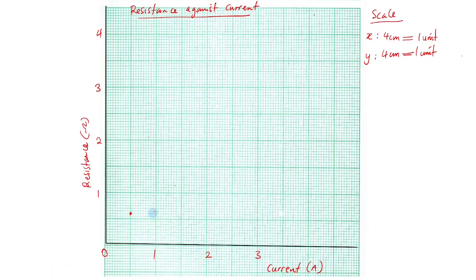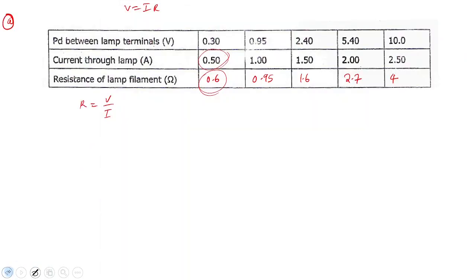If you can't understand, it's a hard one. What I'm trying is my best for you to understand. Then I'm plotting again 1, 0.95. I'll just round it off, because it will be hard to plot 0.95. So this 0.95 can be rounded off to 1.0.